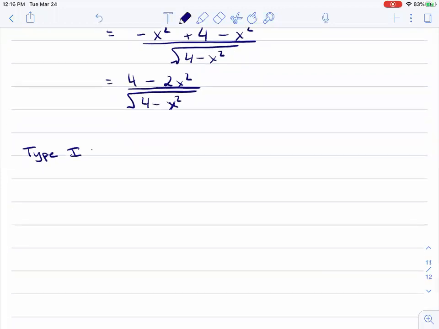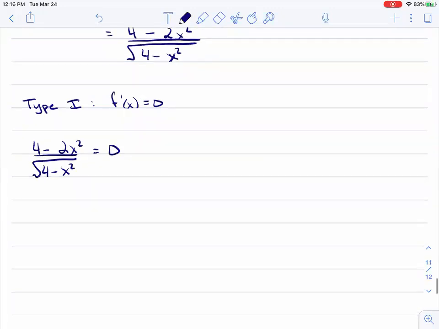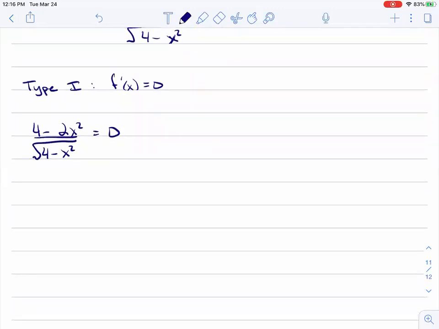Type 1 is where f prime of x equals 0. So 4 minus 2x squared over root 4 minus x squared equals 0. I can multiply that root over to the right-hand side, so I get 4 minus 2x squared equals 0.